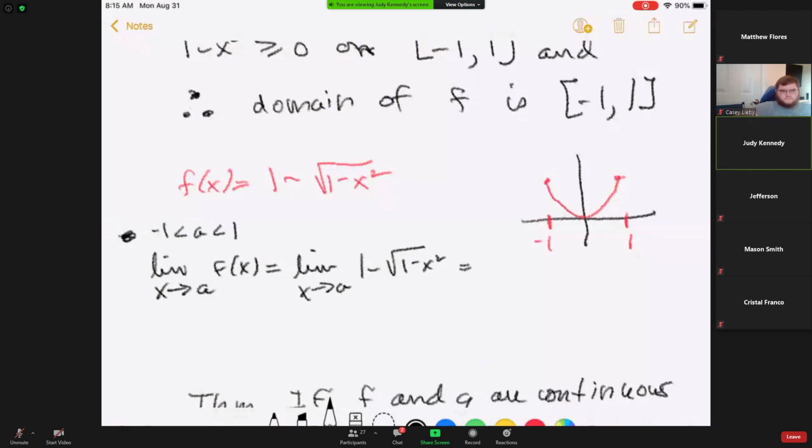Okay, 1's just a constant. We're going to use our limit laws. So it's just going to be the limit as x approaches a of 1, which is just 1. But then I have to worry about the limit as x approaches a of the square root of 1 minus x squared.